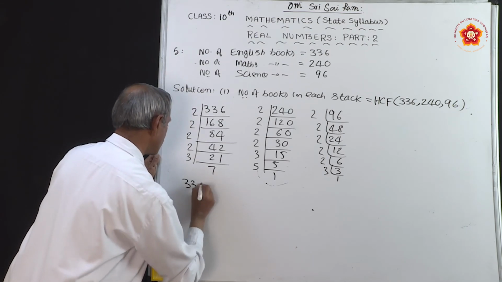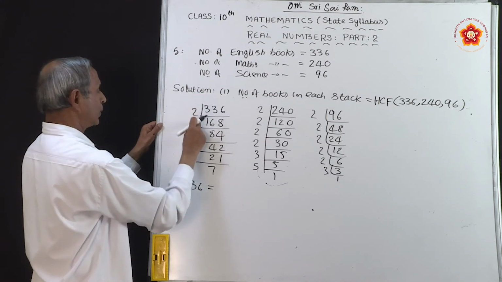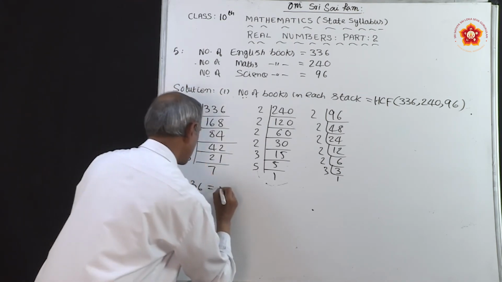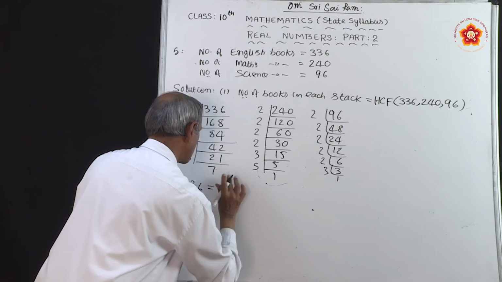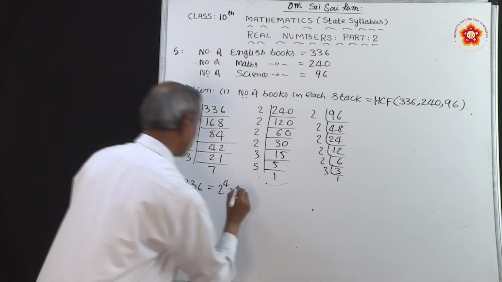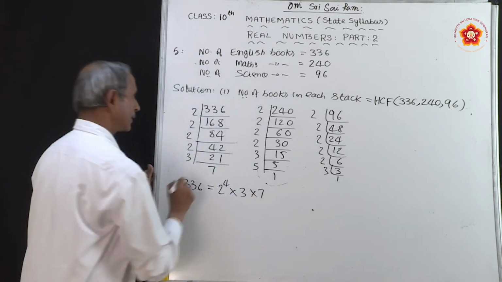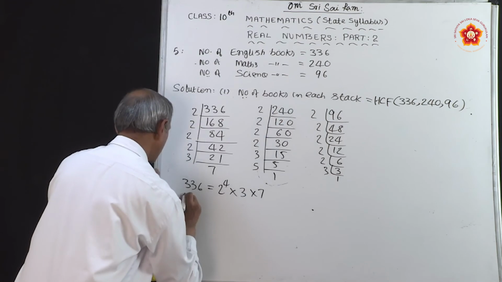336 is equal to, now how many times is 2 there? Count 1, 2, 3, 4 times. Write it as 2 to the power of 4. Then 3 into 7. Now, let us write the prime factors of 240.